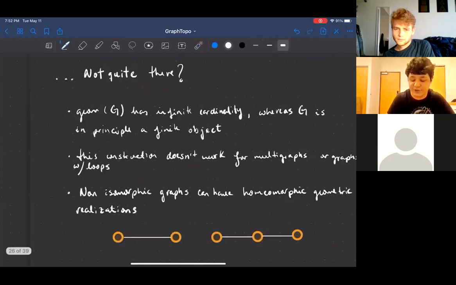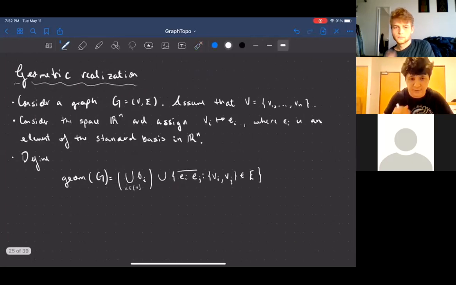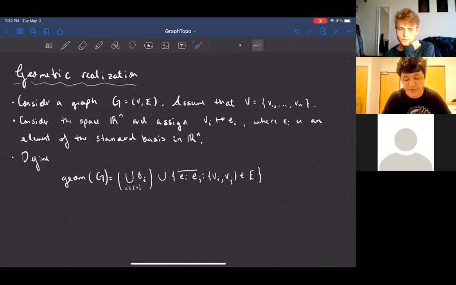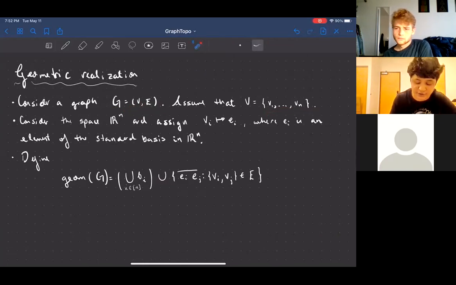So I will mention it briefly. This solution is called the geometric realization. So if you consider a graph with a set of vertices V and a set of edges E, first we will assume that it is finite. This is also possible with infinite graphs, but for the sake of this talk, just consider the space Rn, and we will make the following mapping.